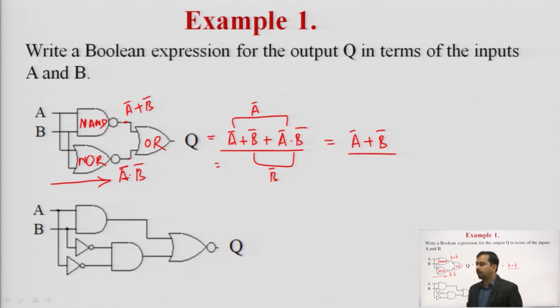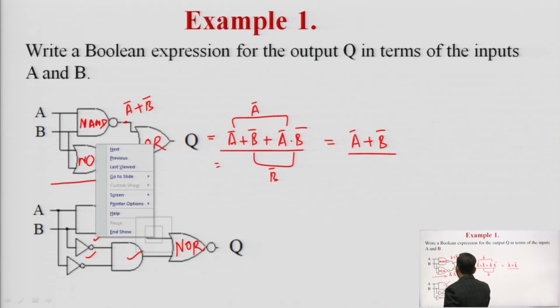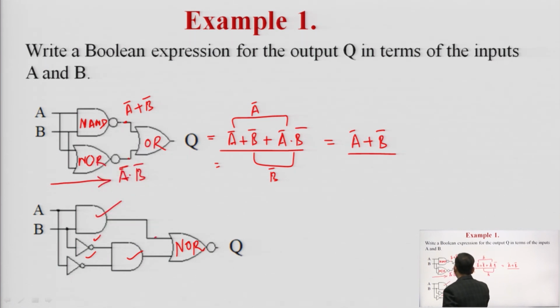Now we have the second circuit. We have one AND gate, two NOT gates, again one AND gate and one NOR gate. So what is the output? Clearly the output of the first gate is A dot B. After that we have A bar dot B bar.